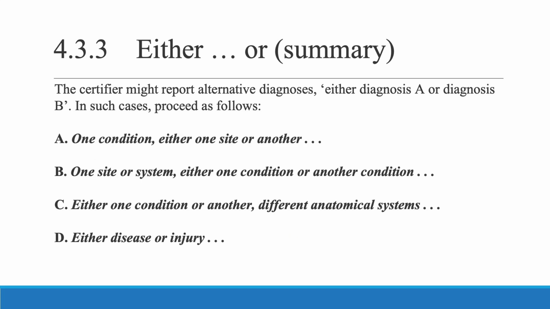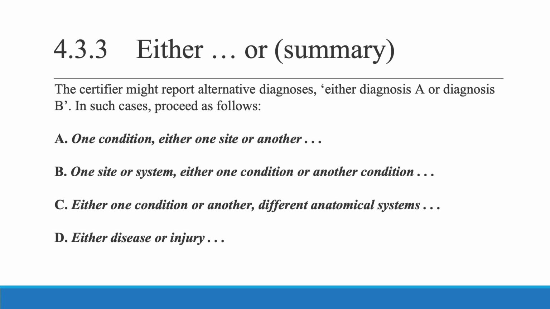In summary, we have examined extensive instructions for coding the rarely occurring certification of an either or statement. We now know what to do if the certifier reports alternative diagnoses as either diagnosis A or diagnosis B. In such cases, we know to proceed as follows. The instruction at letter A, one condition, either one site or another.